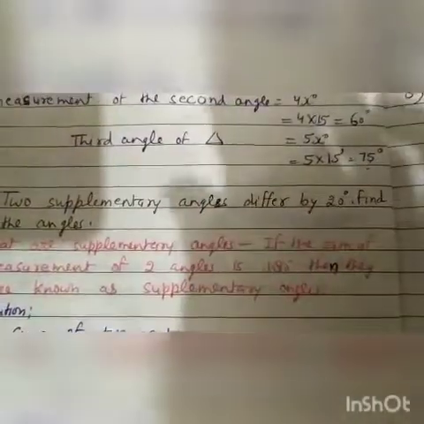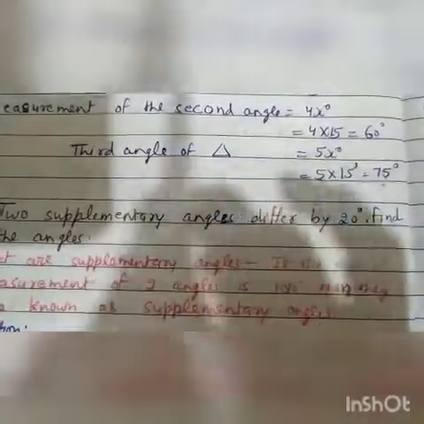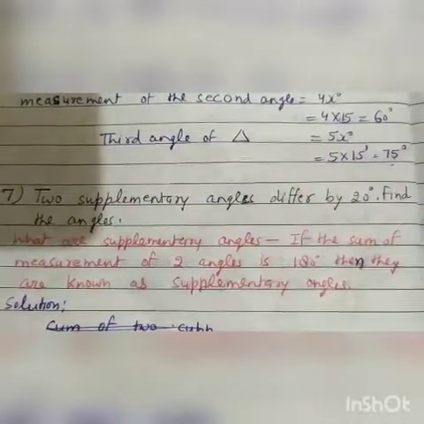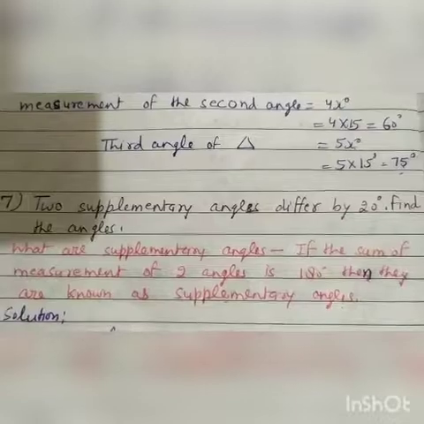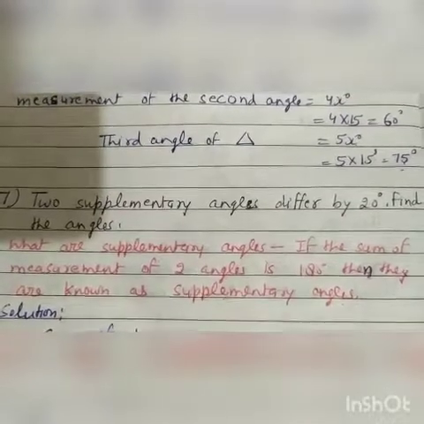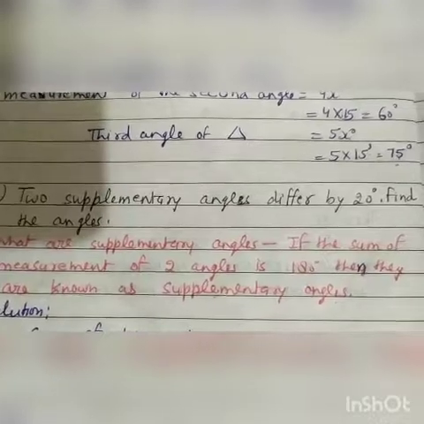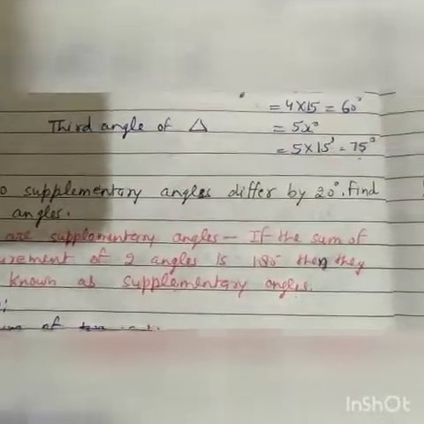Suppose one angle is 60 degrees and the other is 120, then their sum will be 180, so they are supplementary angles. Or if one angle is 70, then the other will be 110. Again their sum will be 180.